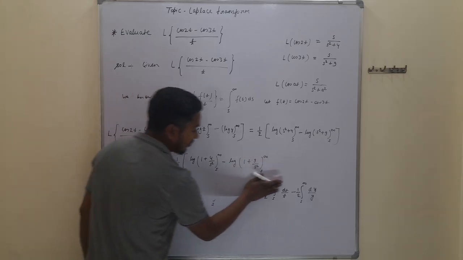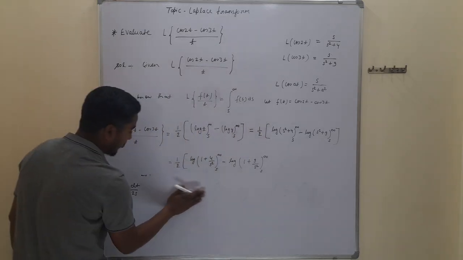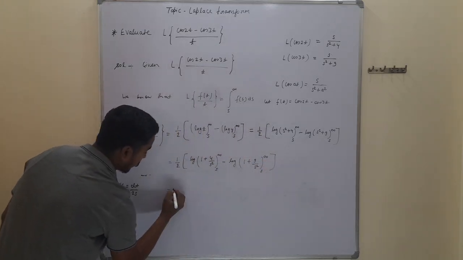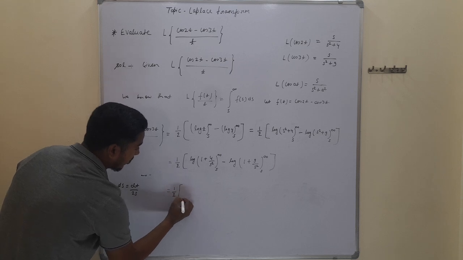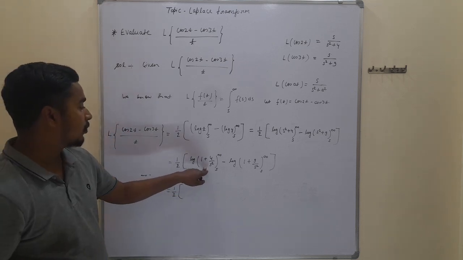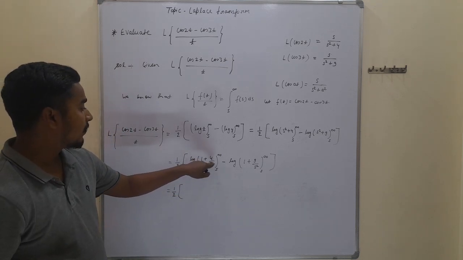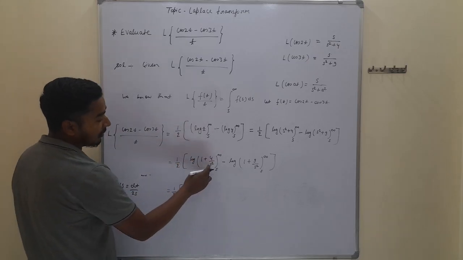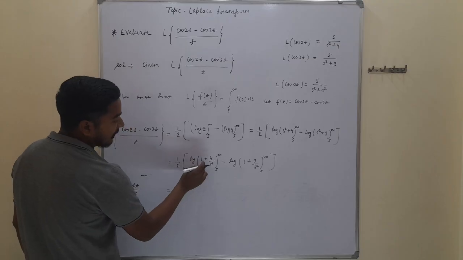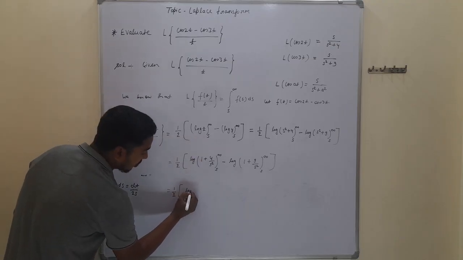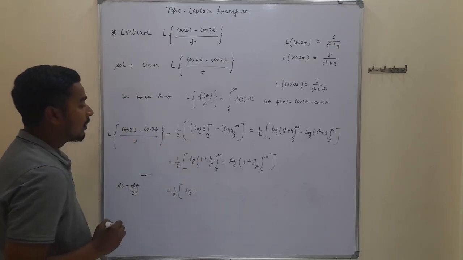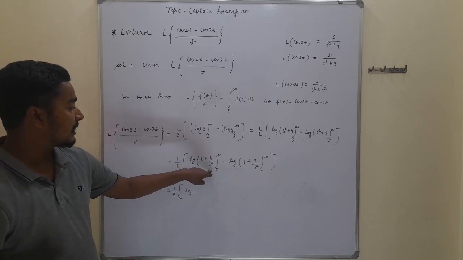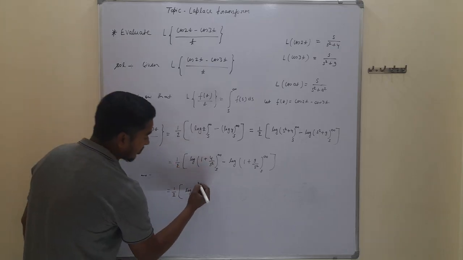When we apply the upper limit infinity, 1 by 2, and here we apply the upper limit: 4 upon s square, in place of s we put infinity, 4 upon infinity is 0, so we get log of 1. And when we put the lower limit s we get the similar result.